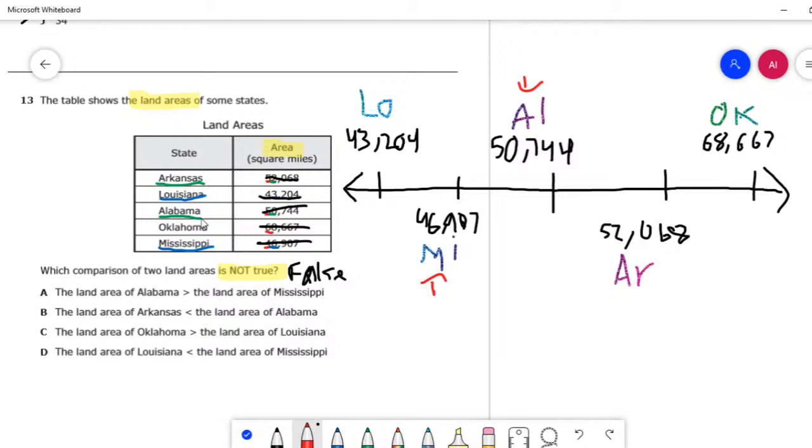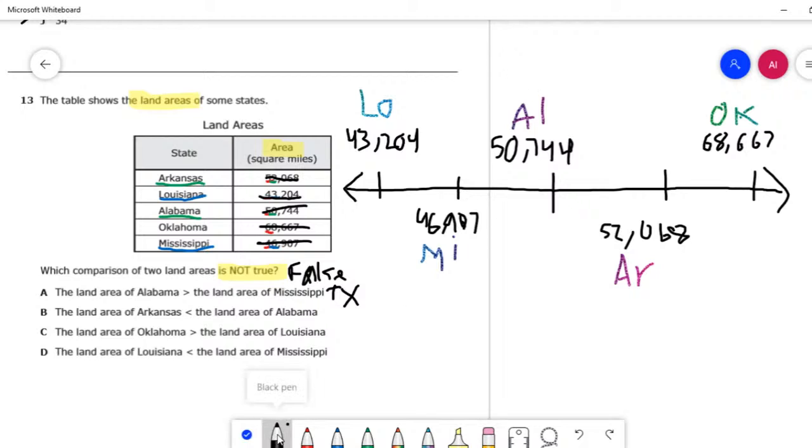But keep in mind that our question's asking us what is not true. So because this is true, it's incorrect because we're looking for what is false. I just put a T there to mark true, and I'll put an F if it's false. So let me just quickly erase these 2 arrows so it doesn't confuse us after.